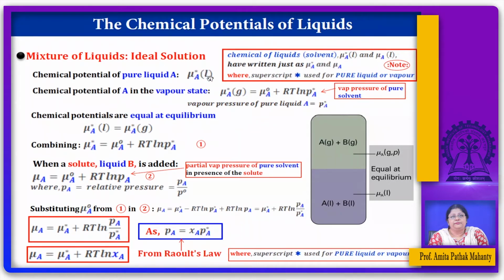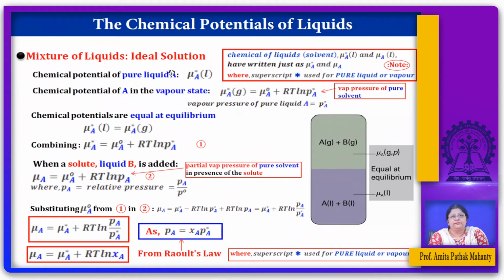So this is the chemical potential of the liquid which is in excess, and throughout I have tried to maintain it as a blue sign. So A is blue, that means A is the one which is in excess. I usually write L, but in books you do not write L, you just drop the L and use the chemical potential of A. You have to understand that the chemical potential I'm talking about is the chemical potential of the liquid system.